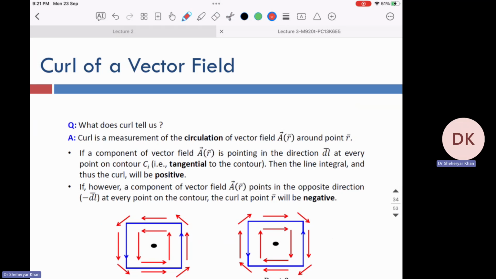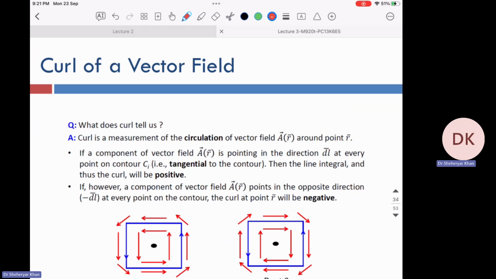If the component of a vector field is pointing in the direction of a length at any point, the integral and thus the curl will be positive, right? What does it mean? If you have some coil or conductor or length here, and the flow of the length and the vector field, red is the vector field, are along the same direction, then the curl will be positive.